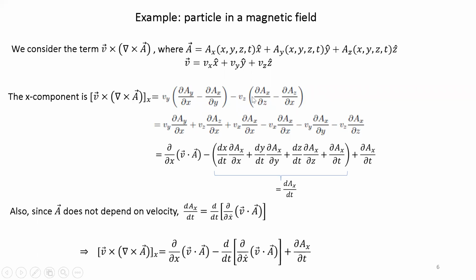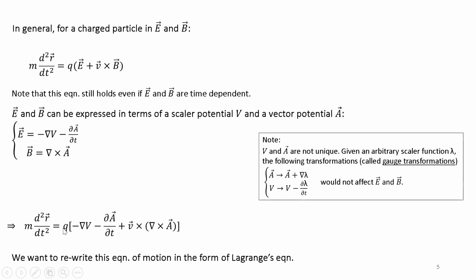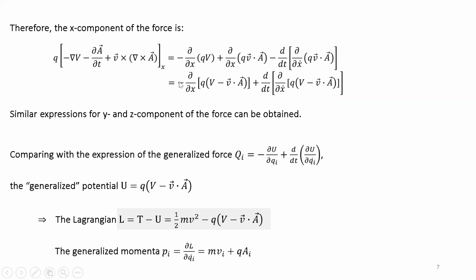No new physics concept here, just play with the derivatives. Then eventually you should be able to make this force term into this form, after playing with all these derivatives.